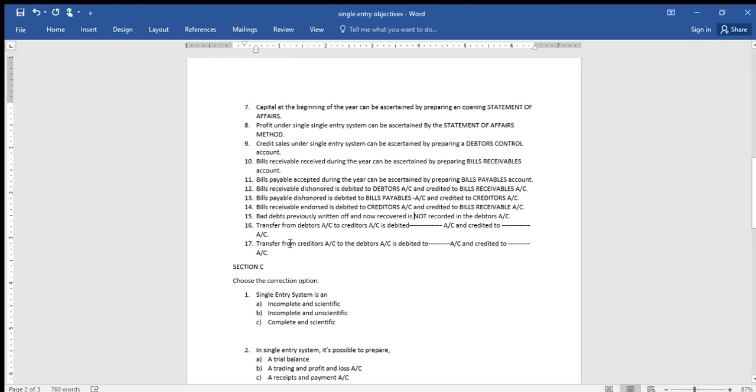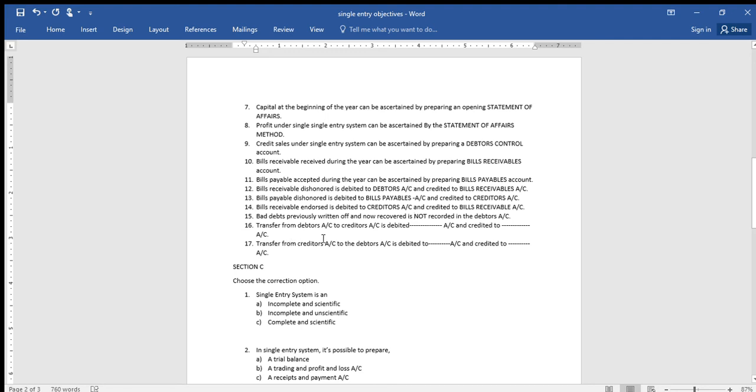Then number 16, transfer from debtors account to creditors account. When you transfer money from the debtors account to the creditors account, we debit the creditors account and then we credit the debtors account.